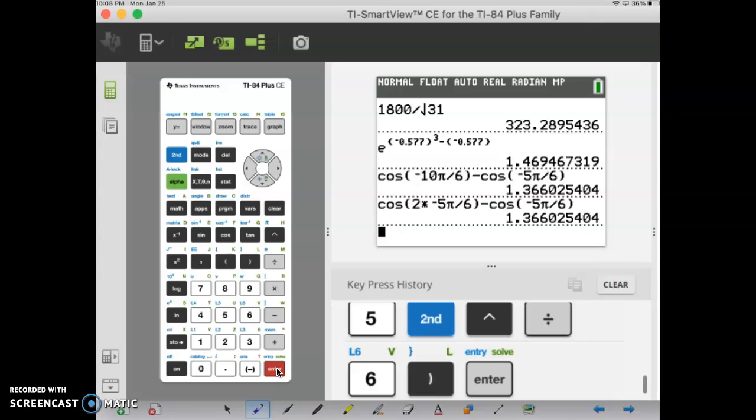I am concave down on the interval from negative 2 pi over 3 to positive 2 pi over 3, because it doesn't change sign, remember, at 0 pi. And I am concave down from 4 pi over 3 to 2 pi.